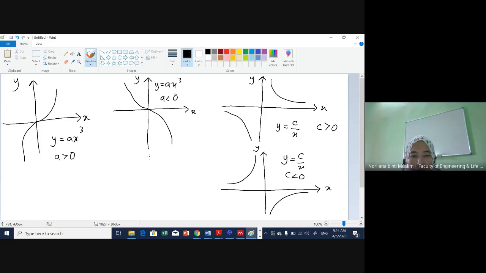Okay, so next we have the circle equation. This is the radius of the circle. So the equation will be written as x minus a.